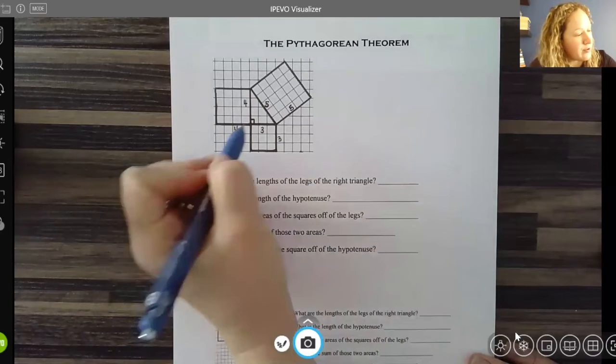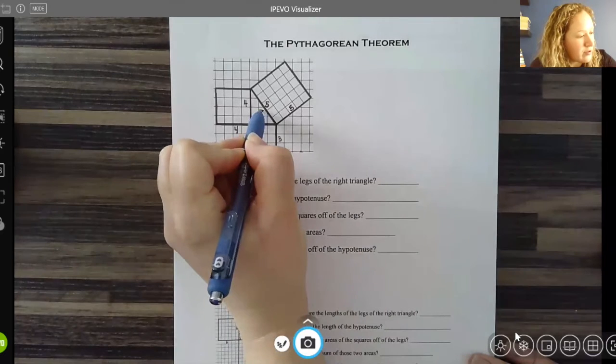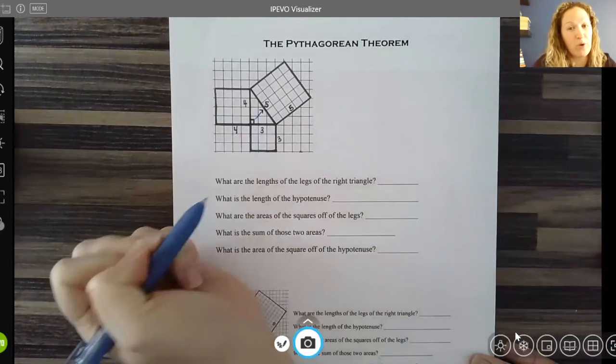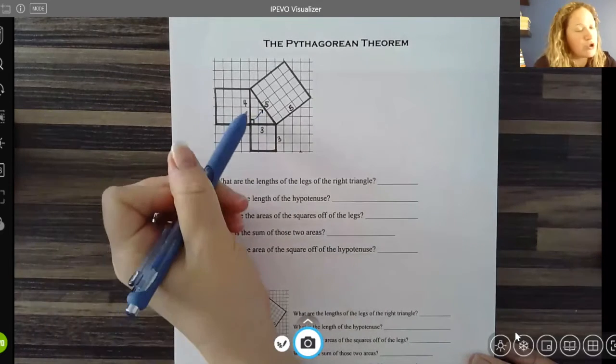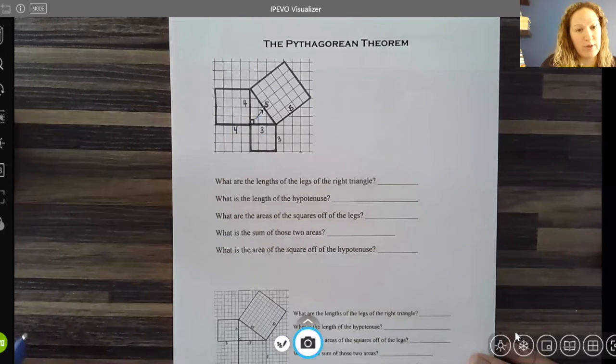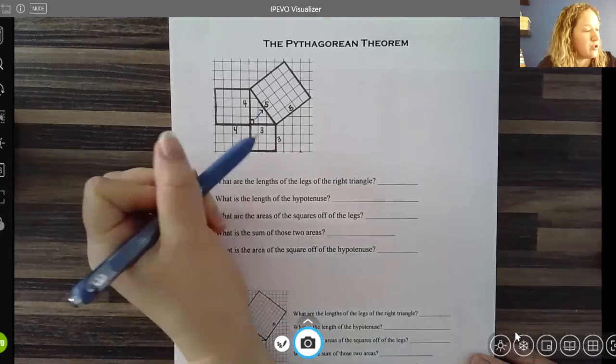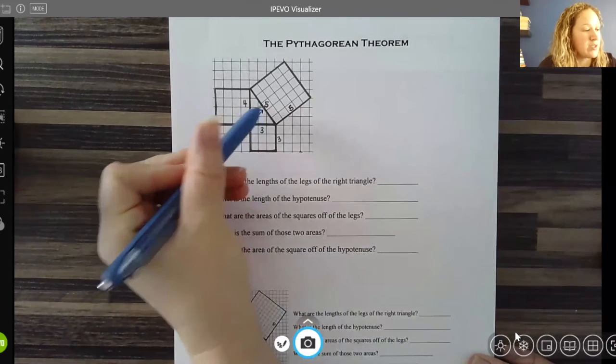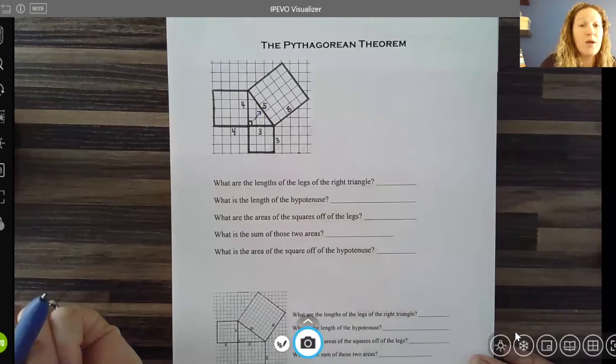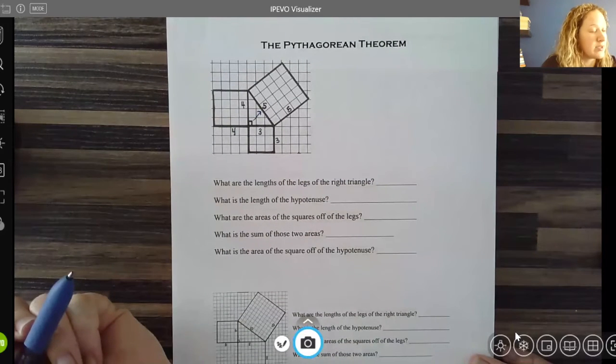The hypotenuse is always directly across from my right angle, and then the other 2 pieces of the triangle are the legs. It doesn't matter which direction my triangle is facing, I always know that the hypotenuse is directly across from that right angle. I also can keep in mind it's the longest side.